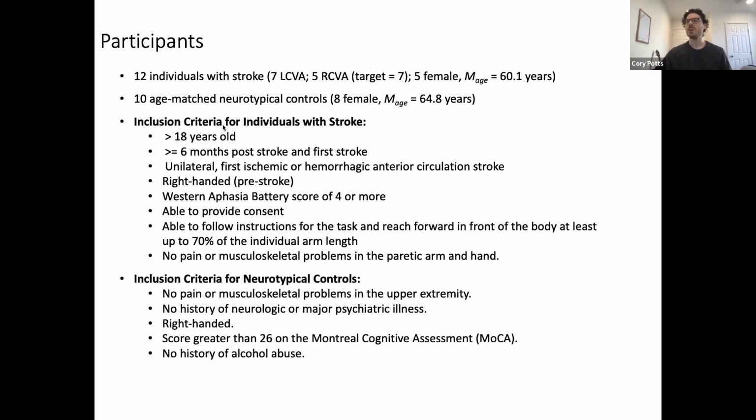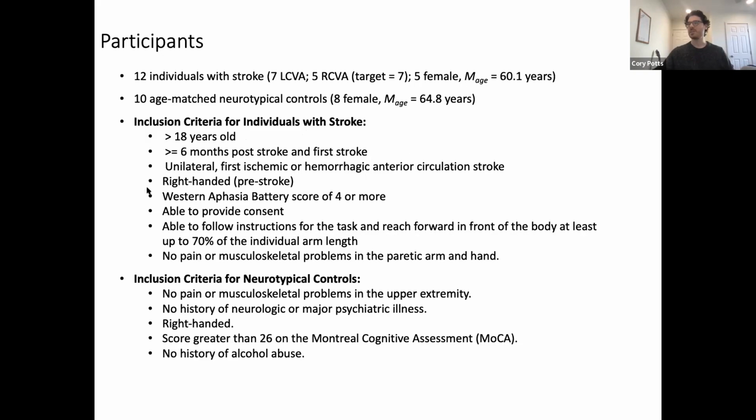Let me go pretty quickly through the inclusion criteria. So greater than or equal to 6 months post-stroke and first stroke, unilateral first ischemic or hemorrhagic anterior circulation stroke. We wanted the participants to be right-handed pre-stroke. For controls, we wanted them to be currently right-handed as well, and you'll see that that comes into play later.